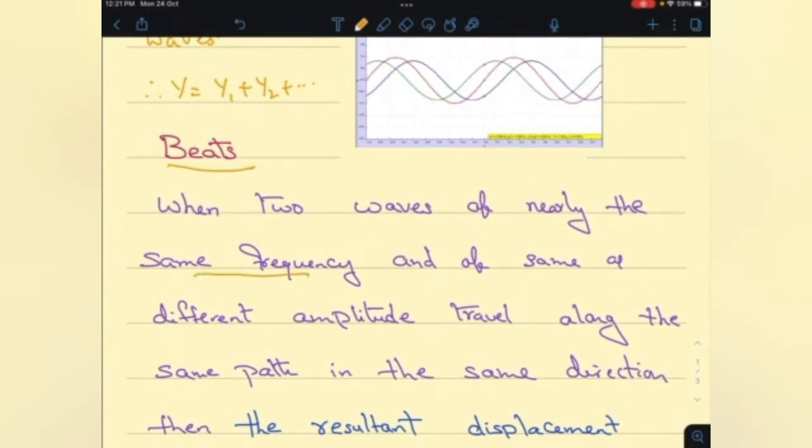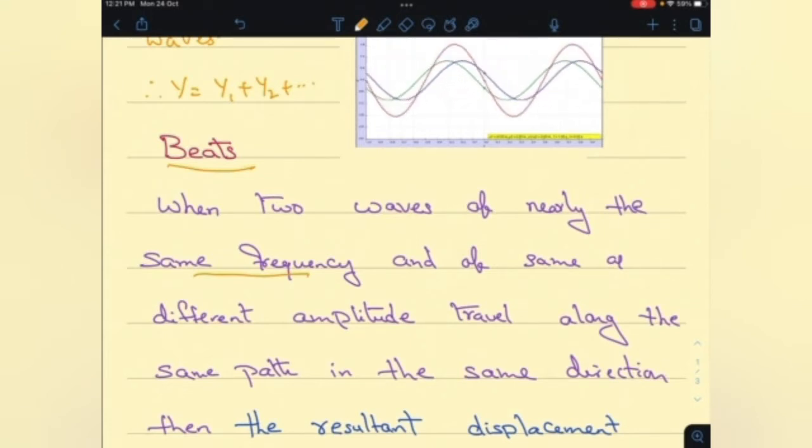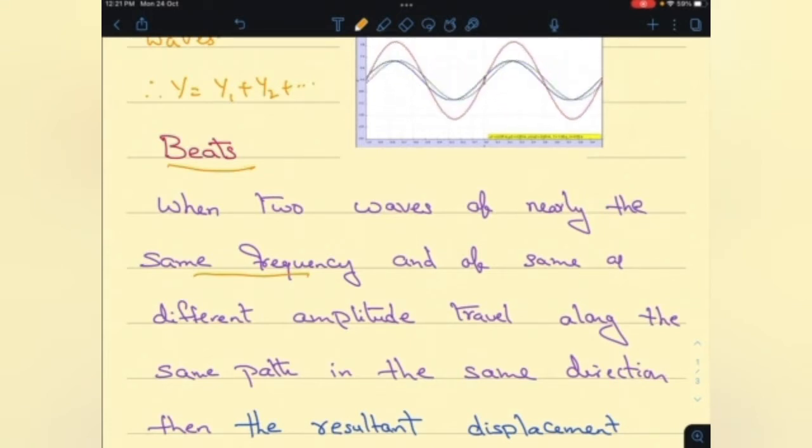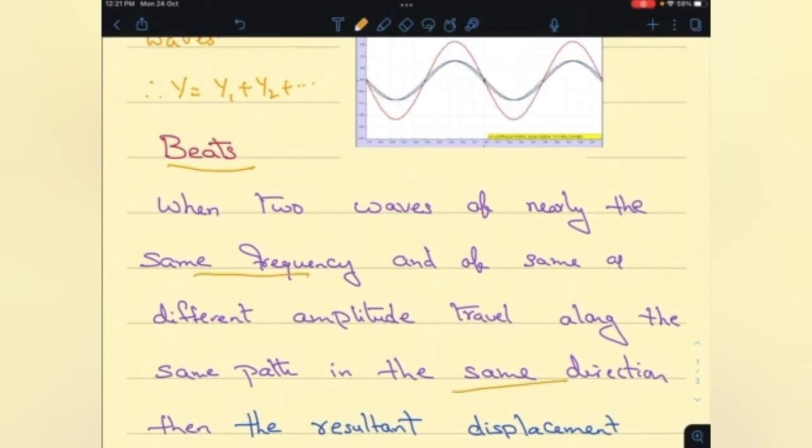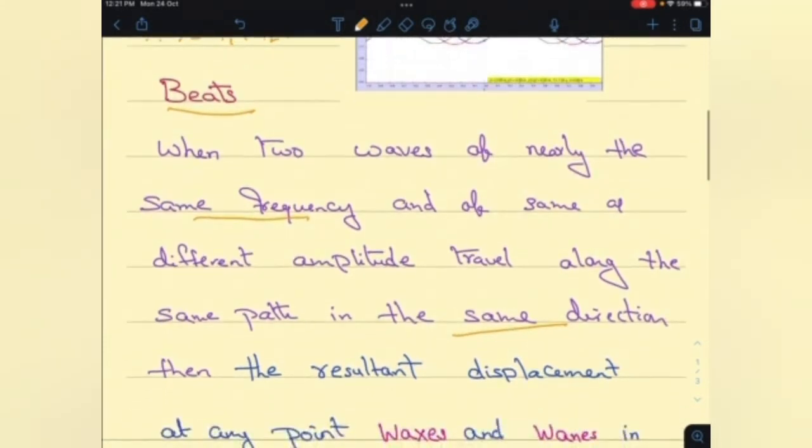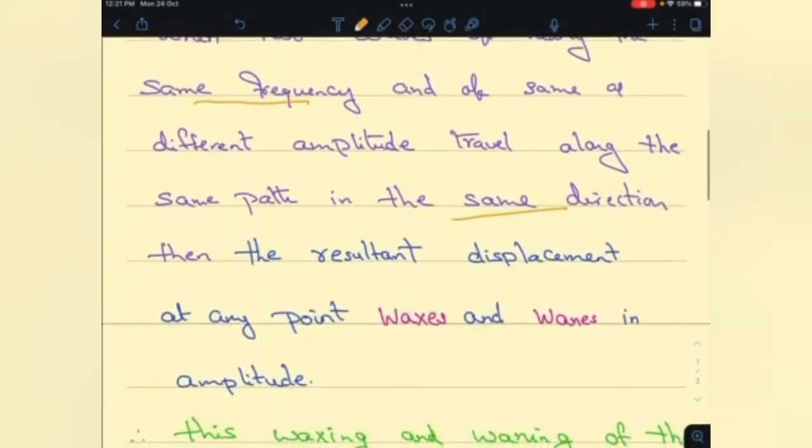That is, it will increase, the amplitude will be doubled. That is called the waxing. Waning means it will be diminished. So waxing is enhancing and waning is diminishing. This waxing and waning of the resultant amplitude is called the beats.